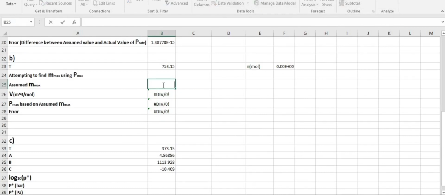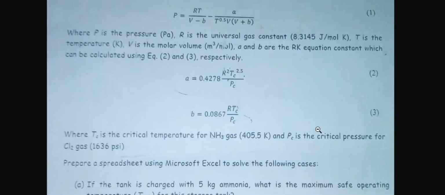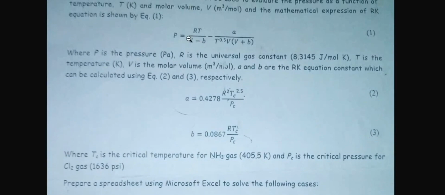Actually, we were asked to choose a value between 2 and 7. Not every value will actually go with the solution if you assume that M max will correspond to P max. Check the equation. You can see that as V increases, the value of P decreases and vice versa.